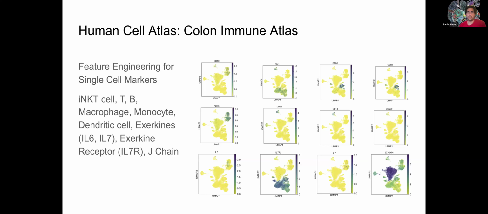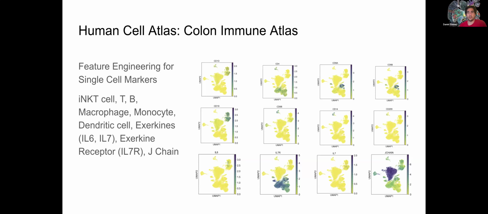In iNKT2, you have a PLZF, which is a zinc finger transcription factor that produces IL-4, which promotes a Th2 response and you'll have tissue repair and also controls parasites or parasitic infections.